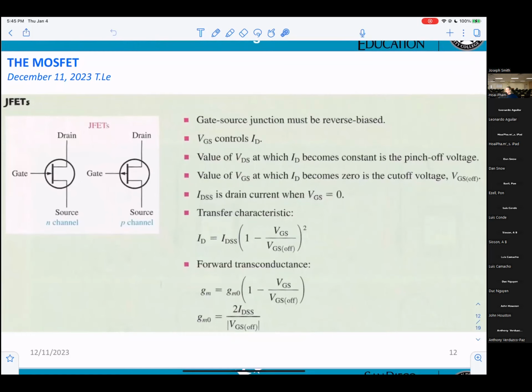Okay, that's a summary for you. This is for the JFET, which we already did, and this is the formula.